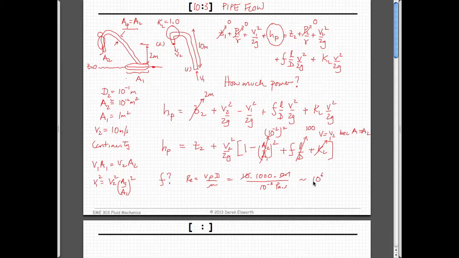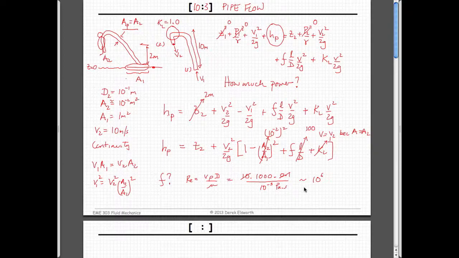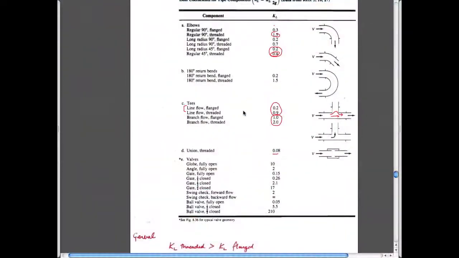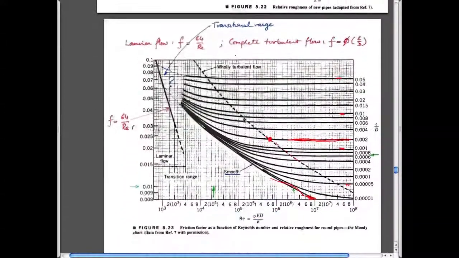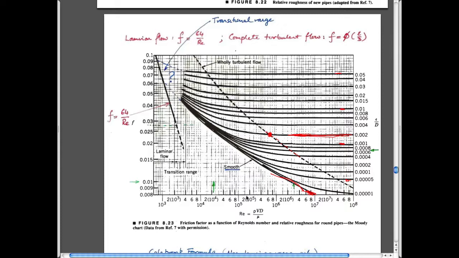And so we could go back to our Moody charts. Choose a roughness. We didn't choose a roughness, but we could do. So we know that we're at 10 to the 6. Let's choose it smooth. So you've got a nice smooth pipe. Makes sense that you'd like the pipe to be nice and smooth. 10 to the 6 gives us a number, if we go off to this side, roughly, since we're doing orders of magnitude, it looks like it's a bit bigger than 0.01, but let's use 0.01.